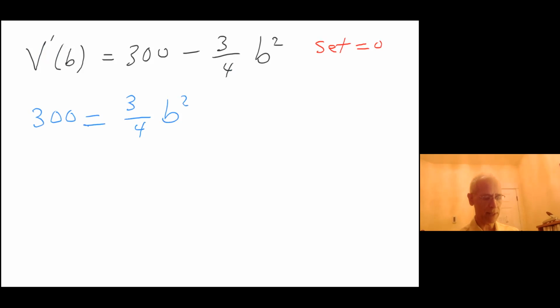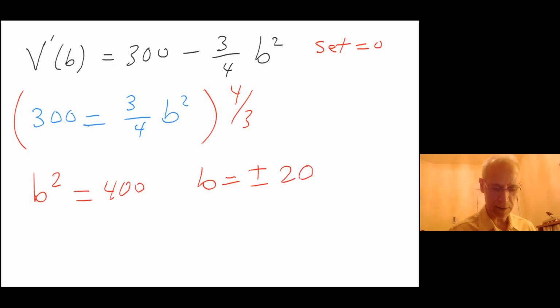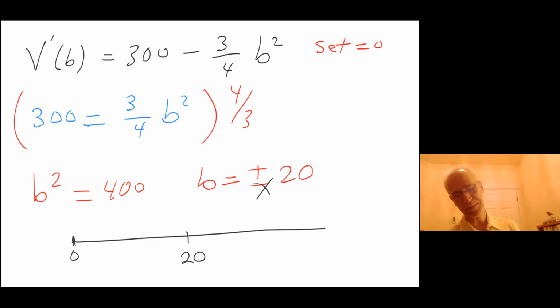Now, multiplying both sides of this equation by 4/3, this gives me B squared equals 400. And B equals plus and minus 20. And I'm going to toss the minus because with geometry I don't have negative base. So B equals 20.